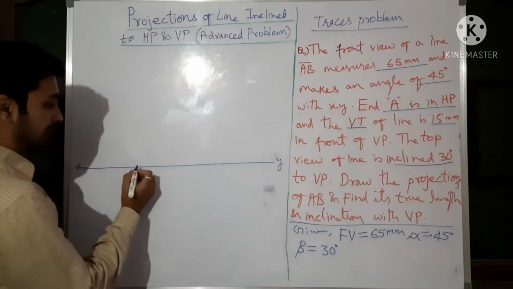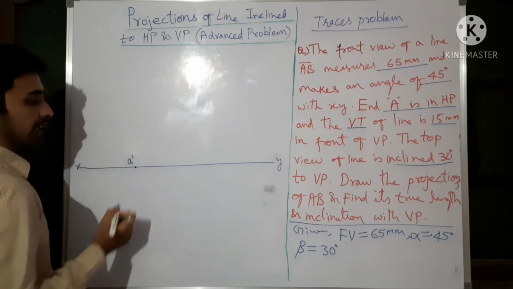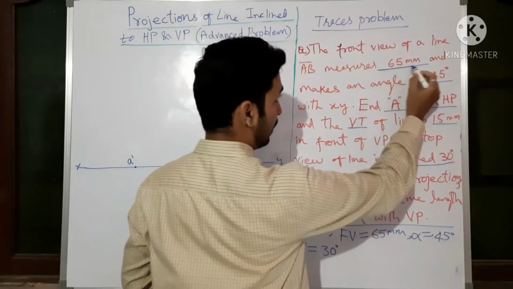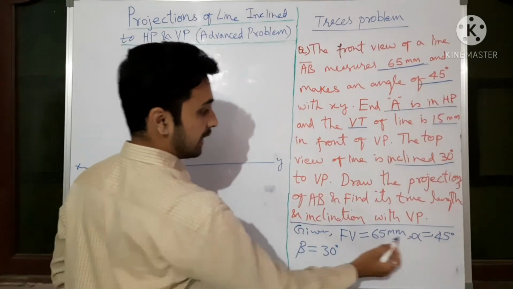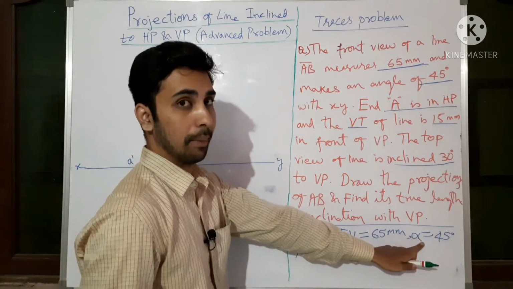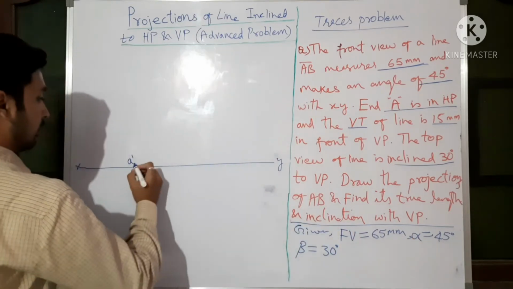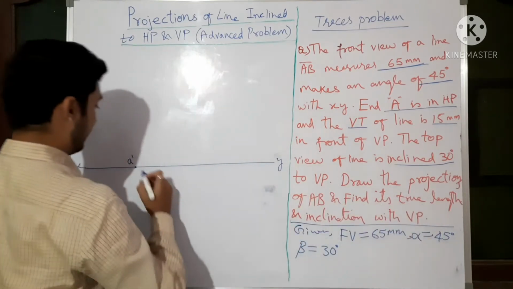As you know, end A is in HP. So in the front view we will get A dash here in the HP. The front view is 65 mm at what angle? 45 degree. The inclination of the front view we take as alpha, the apparent inclination. So let us draw the front view for a 65 mm long line at 45 degree.